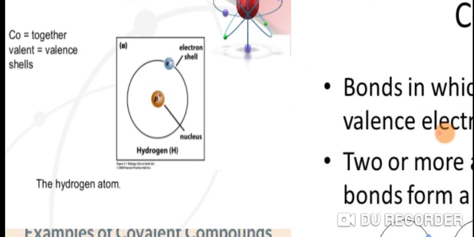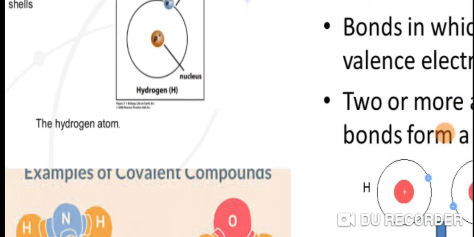Now, this is a hydrogen atom having one proton and one electron in its outermost shell, and the one electron in the outermost shell shares this electron with another atom, and the hydrogen atom's K shell electrons are completed because it shares one electron and then it becomes stable in the environment.